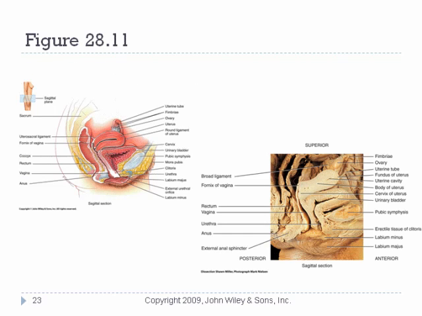So this is a figure from your book, a cross-section, very similar to the kind of sagittal section of the female pelvis model that we've been using in lab to study. And so it kind of gives relative position for several of the organs that are in the female reproductive tract.